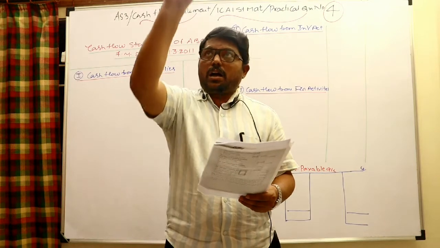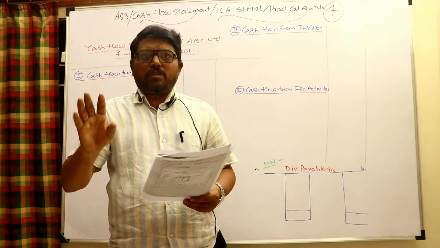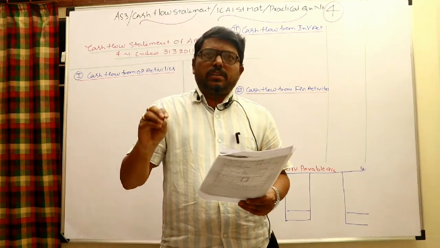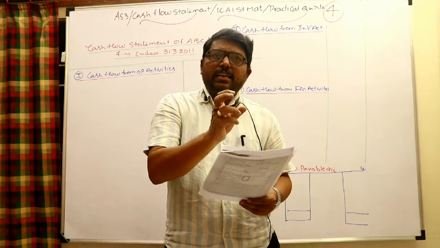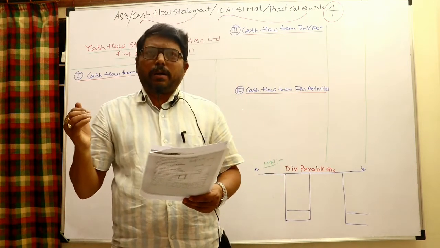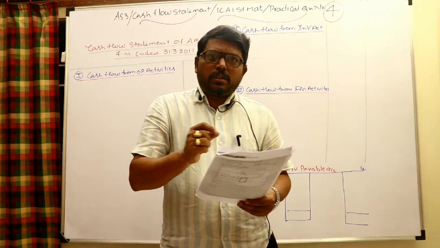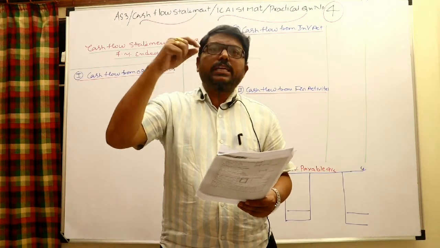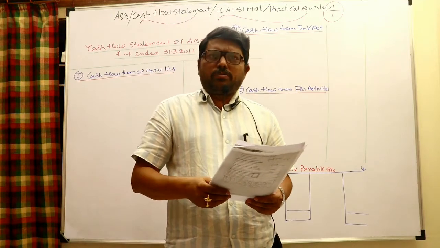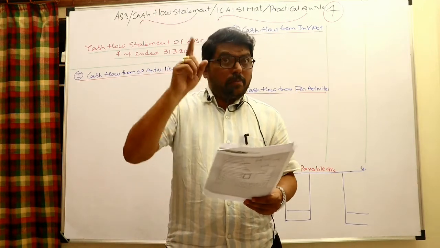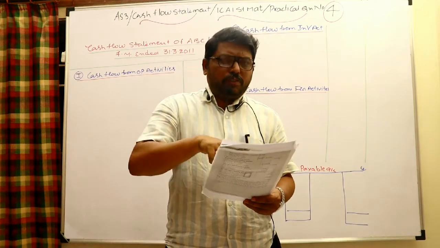I can say it is the P&L balance left after all the appropriations of the current year, which is transferred to reserves and surplus. If you take that difference as net profit as per balance sheet, which is after all the appropriations, you can start with that one also, no problem. But appropriations should also be adjusted if you take this.